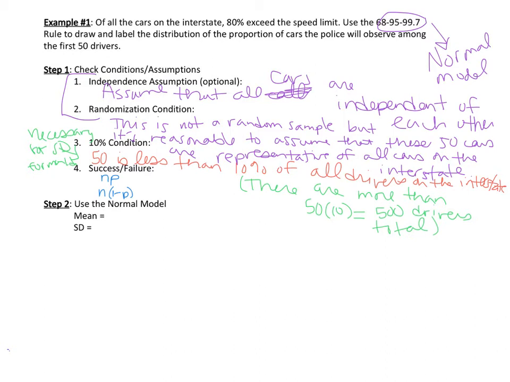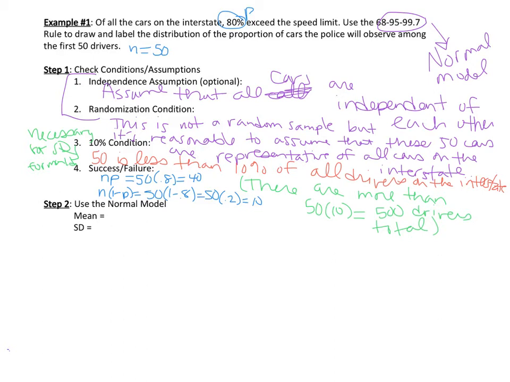So in this case, they tell us the n, it's 50. The p is actually the population proportion, which is this 80%. So you're going to do 50 times 80%, which gives you 40. And you're also going to do 50 times 20%, and that's going to give you 10.